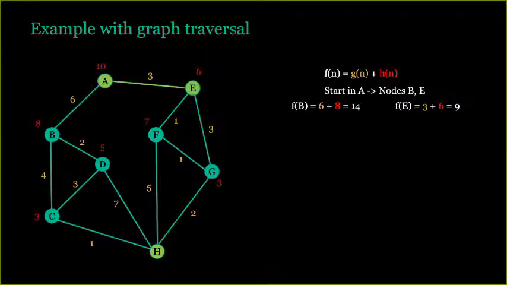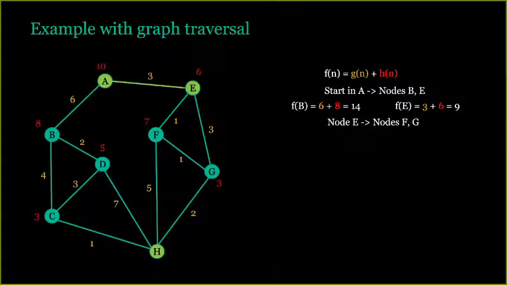Now our starting node is node E, and it has two child nodes, F and G. We are applying the previous steps to these two child nodes, and we are determining the one with the lowest f value.